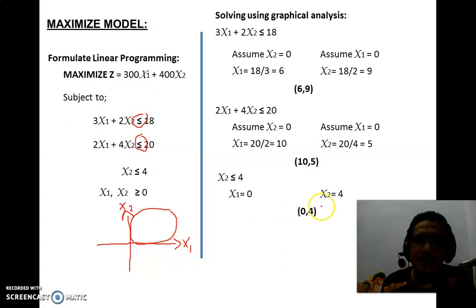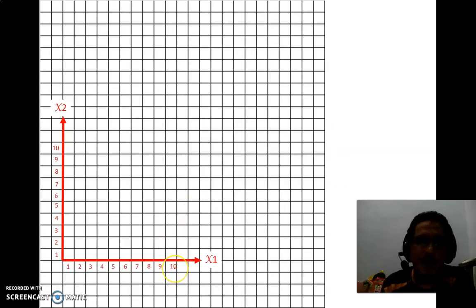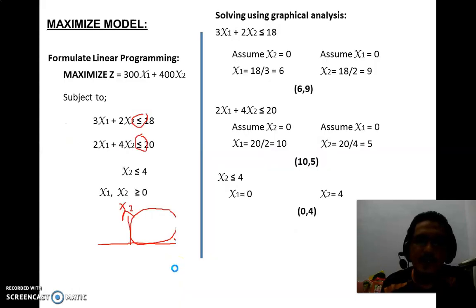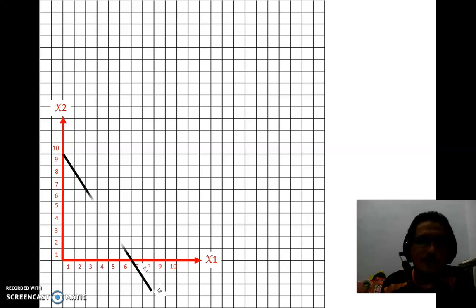Since the maximum number here is 10, we use our graph up to 10. The first line is 3x1 plus 2x2 less than 18, then 2x1 plus 4x2 less than 20, and x2 is less than 4.